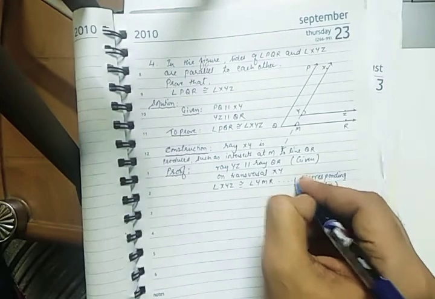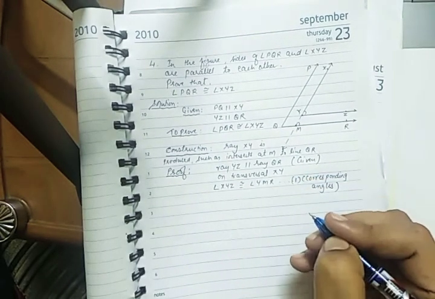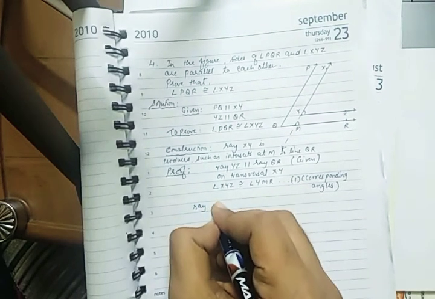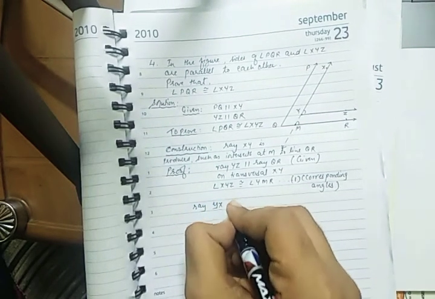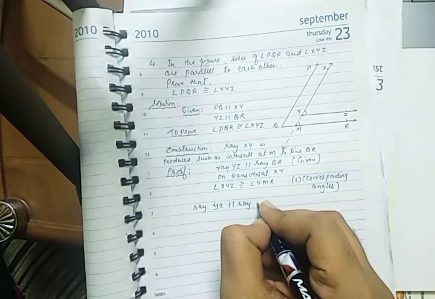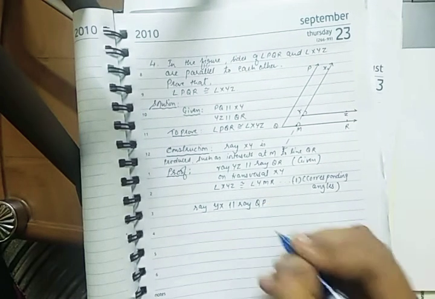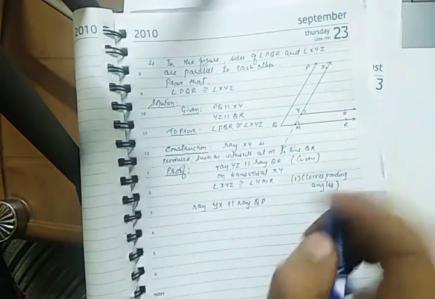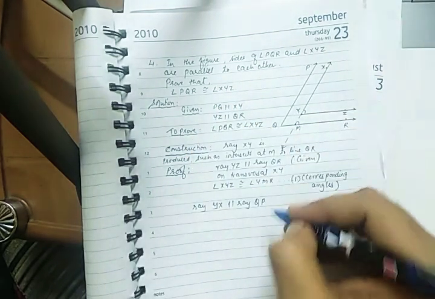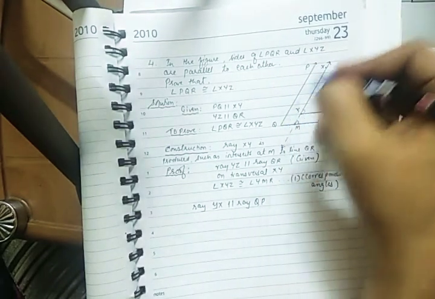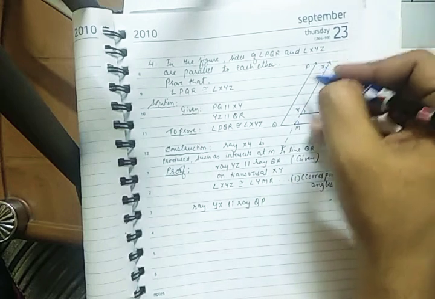You can mark this as expression 1. Now ray YX is parallel to ray QP. Okay, actually we have written here YZ parallel to QR and PQ parallel to XY. Because we have not mentioned it as ray, but when I am saying ray, remember the direction, it should be read as ray QP, sorry.